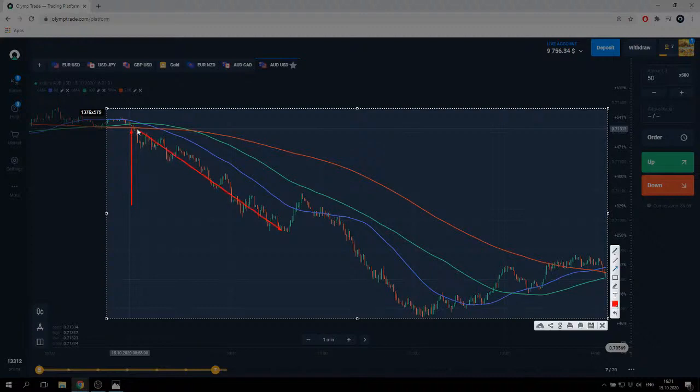Again it rallied. So here this SMA 200 line is acting as a resistance line, a dynamic resistance line.